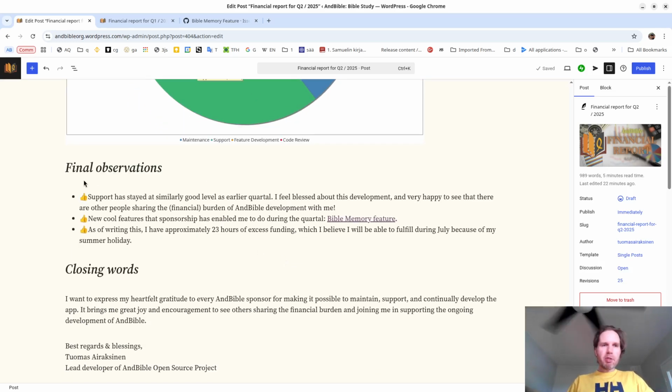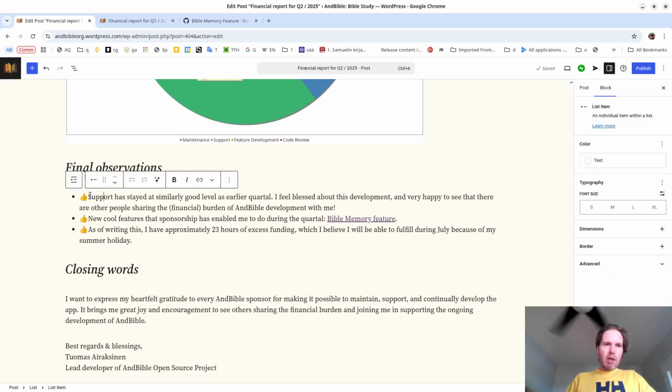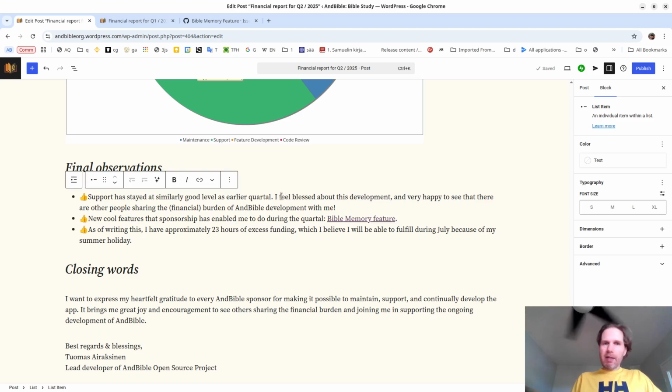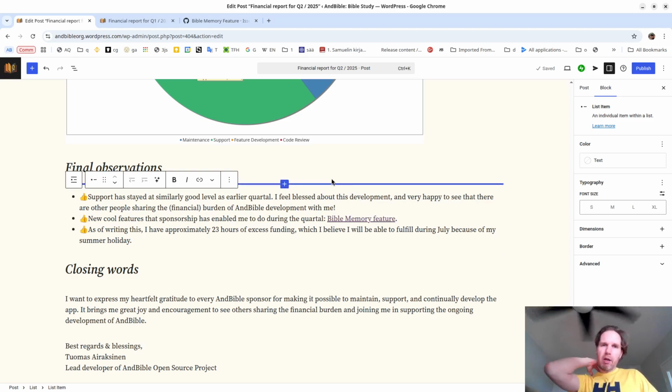Well, finally, observations. Support has stayed at a similarly good level as the earlier quarter. I have now had 2 quarters that are rather good. I feel very blessed about this development, and I'm happy to see that there are other people sharing the financial burden of Ant Bible development with me.